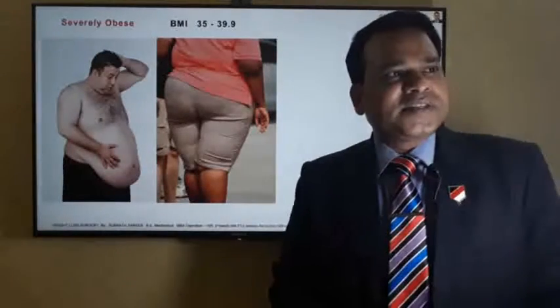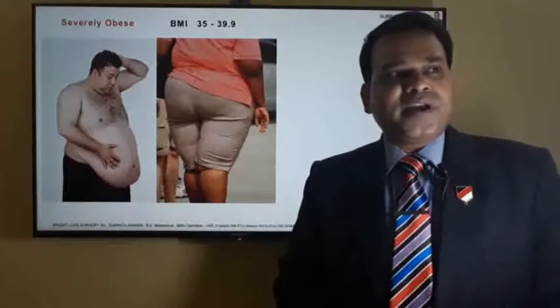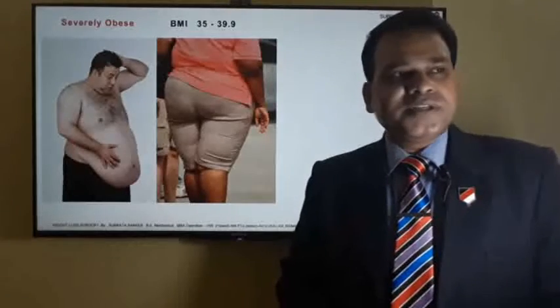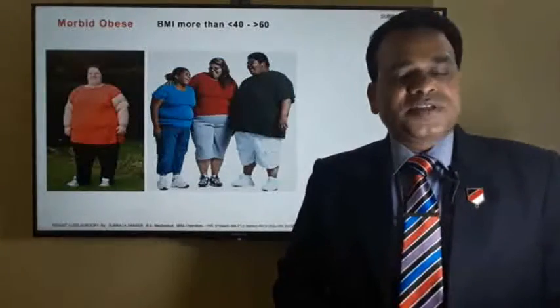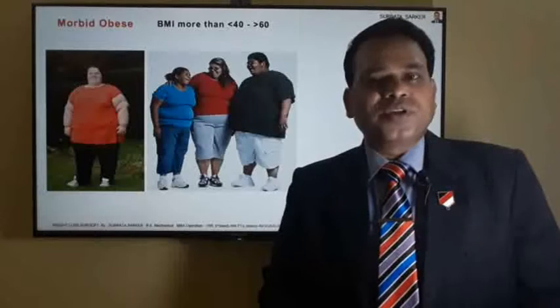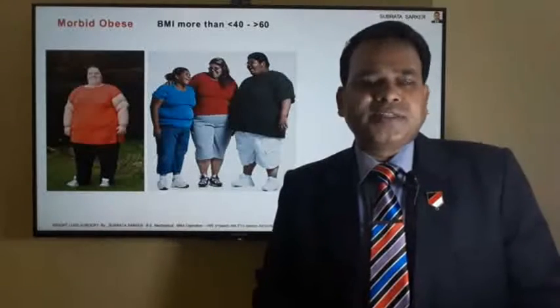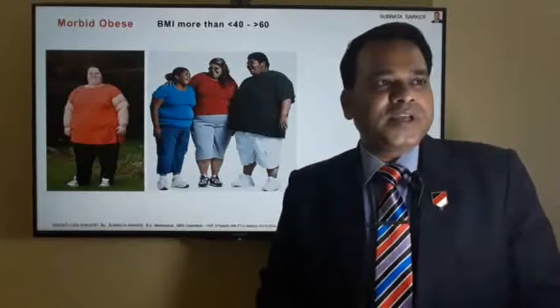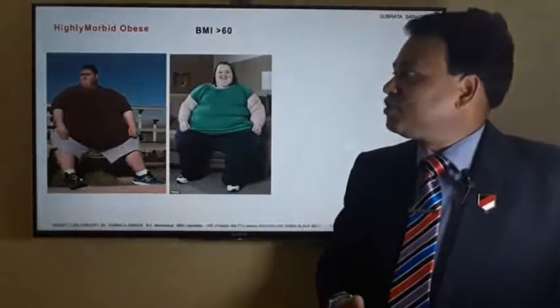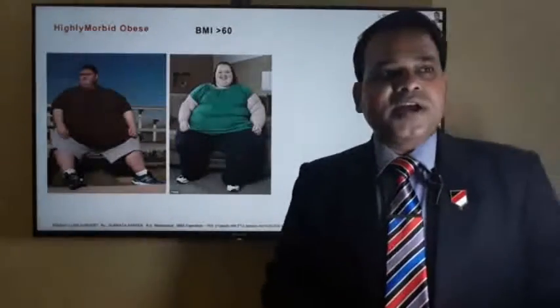Their body mass index is 35 to 39.9, so that is severely obese, and more than 40 and less than 60 is morbid obese. And if body mass index is more than 60, then they will be considered highly morbid.